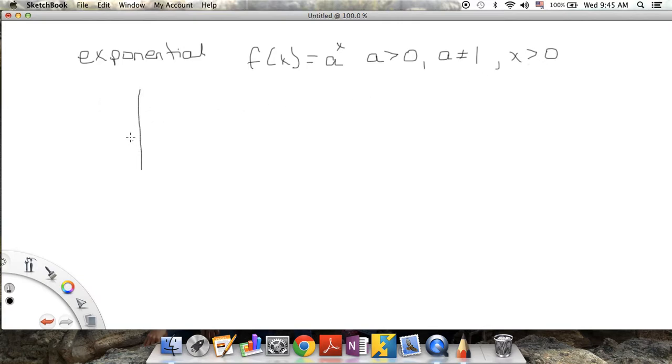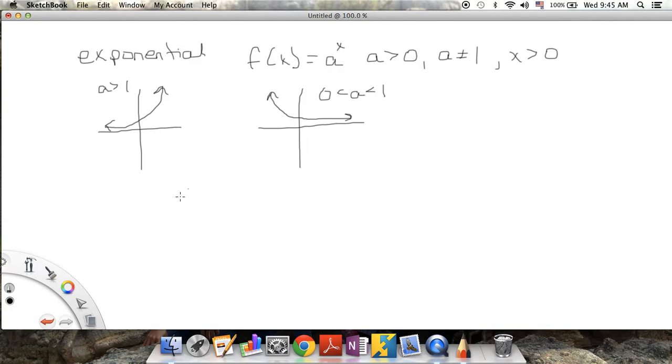Now if you recall, we had exponential growth. This was where a was greater than 1, and we talked about exponential decay, where our a was between 0 and 1.